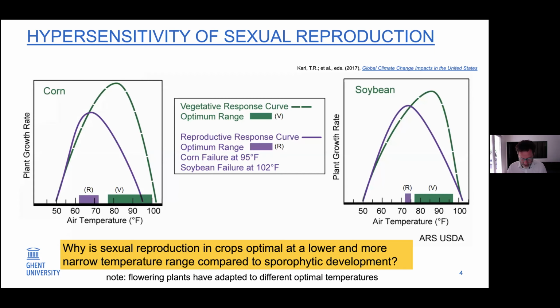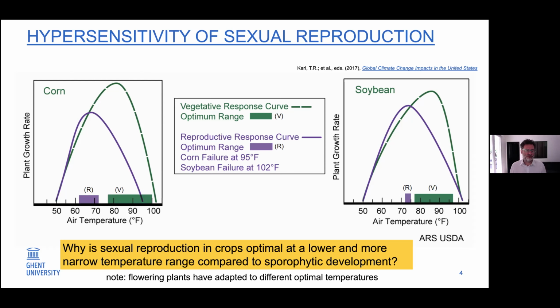This effect of heat stress on sexual reproduction is in fact more common and reported for most crops. Here are two examples for corn and soybean, where they show that the optimal temperature range for sexual reproduction is always smaller and narrower than what you see for vegetative production.